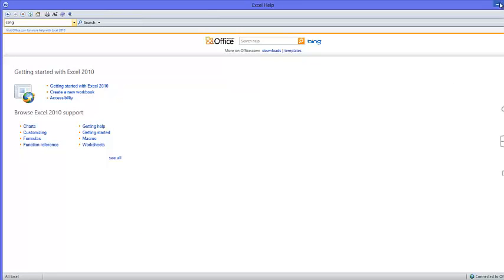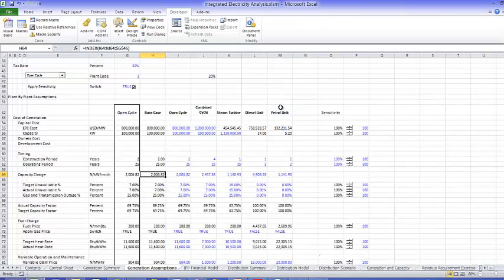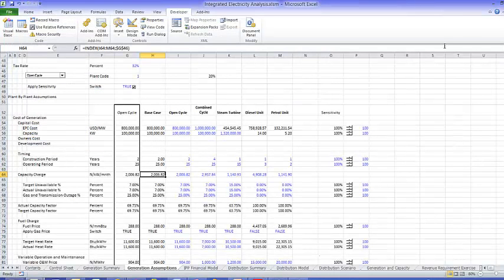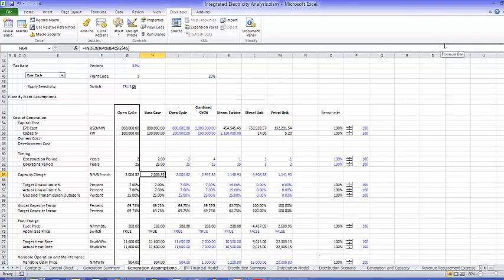Oops. I'm pressing F1 instead of F2. I've got it. F46, this is the plant code. This is the big one.